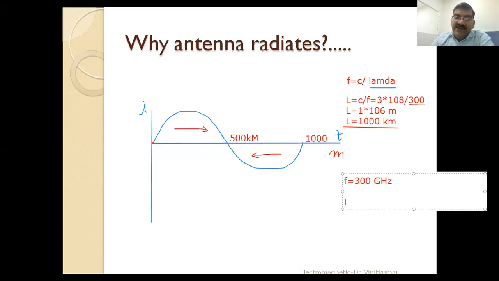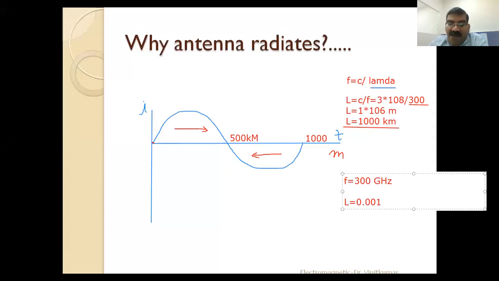So quickly, can you give me the lambda? 300 giga means 3 into 10 to the power 8 divided by 300 into 10 to the power 9. So 9 plus 2 is 11. How much will I get? 10 to the power 8 minus 11, so it is 10 to the power minus 3, which is 0.001.